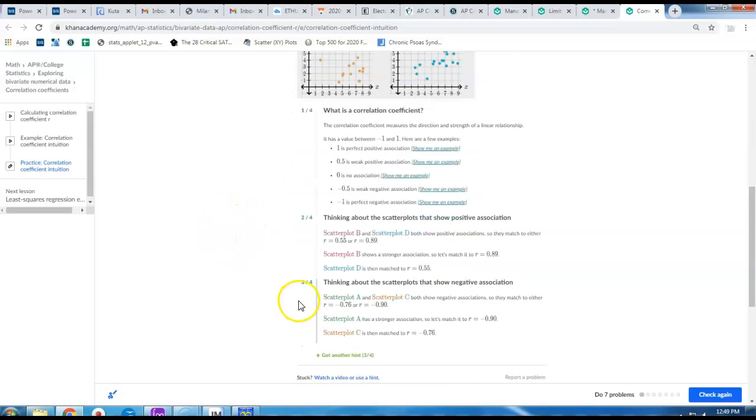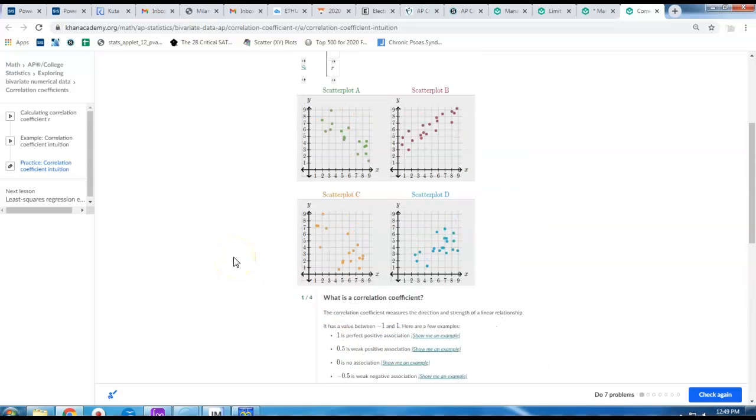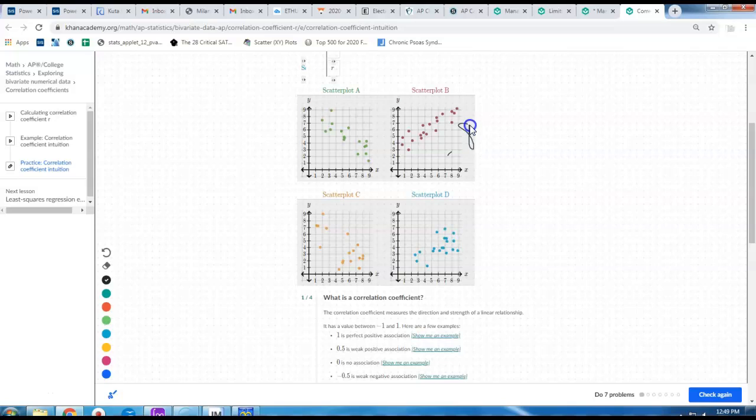But let me just, okay, so I can tell the numbers from down here and I'll be able to talk through this. So obviously we got 0.55 and 0.89. Those are both positive numbers, so that must be B and D. Which one is stronger is B. So you take the bigger number and put it with the stronger one because we're closer to the line in general here. So I can label those two.